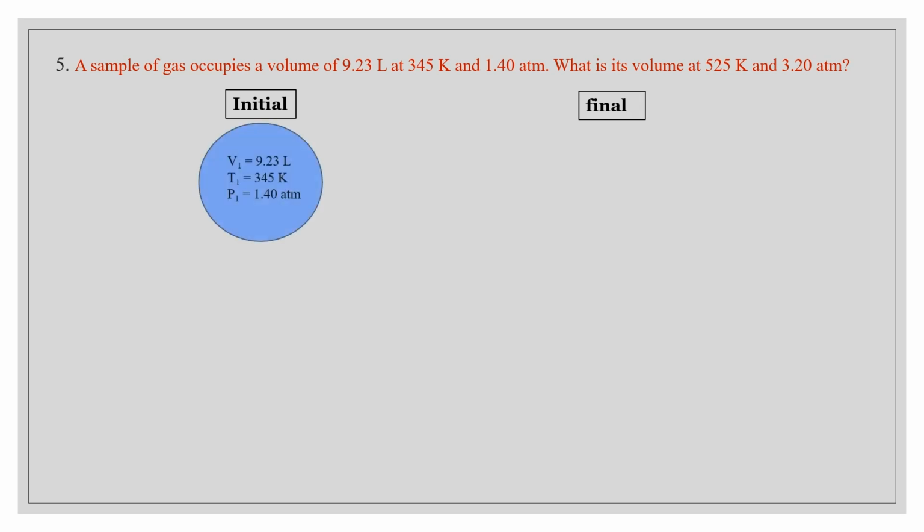The initial gas occupies a volume of 9.23 liters. The initial temperature is 345 Kelvin. The initial pressure is 1.40 atm. For this gas converted into a new condition, we need to calculate the new volume. The new temperature is 525 Kelvin and the new pressure is 3.20 atm.